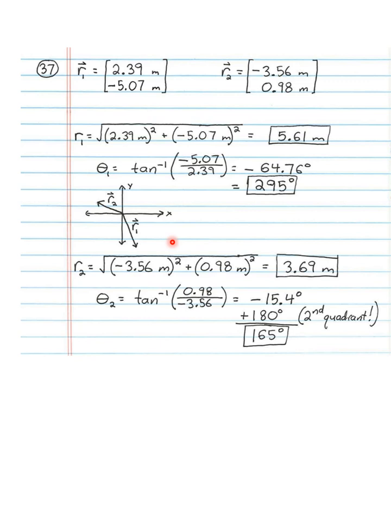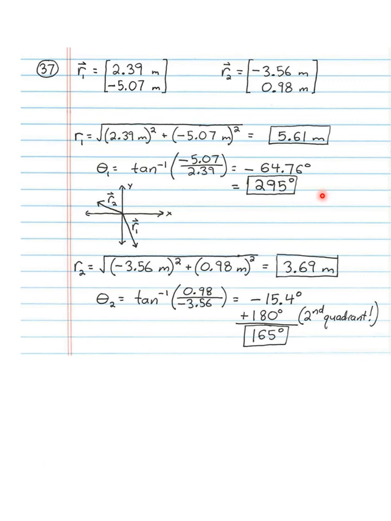So while negative 64.76 degrees, or I can round that to negative 65, is correct, we're going to give that in the range between 0 and 360. So rather than thinking about how much it is clockwise from the x-axis, we want to know what it is counterclockwise in the positive direction from the x-axis. So all you do is just add 360, and we get 295 degrees.